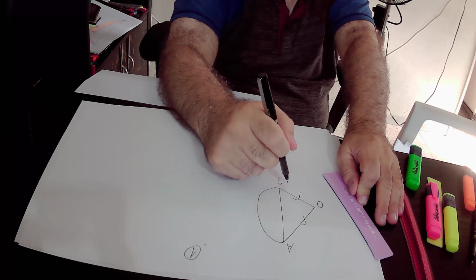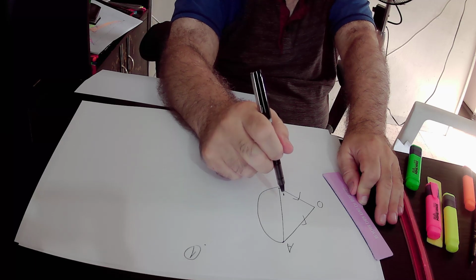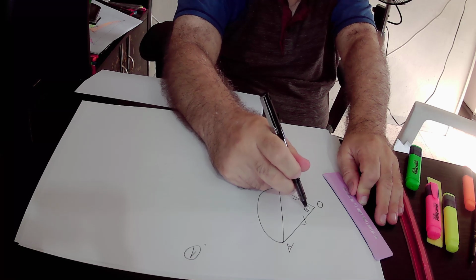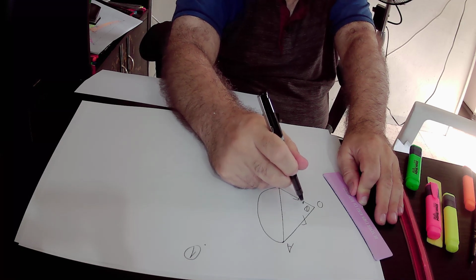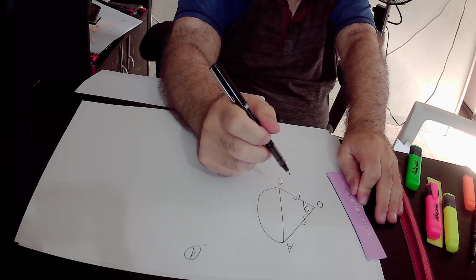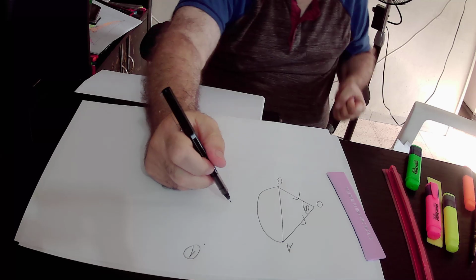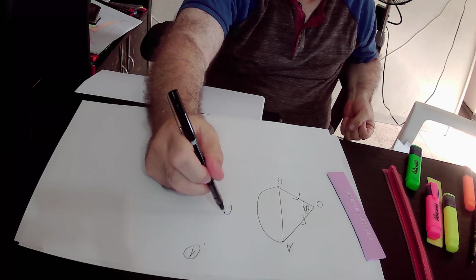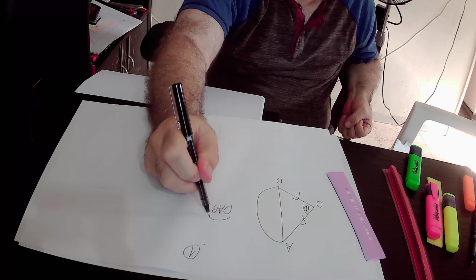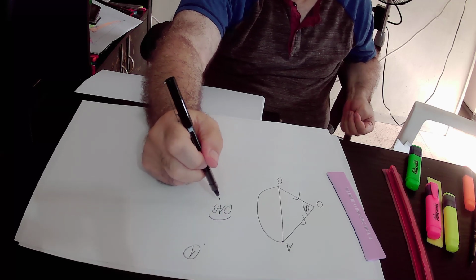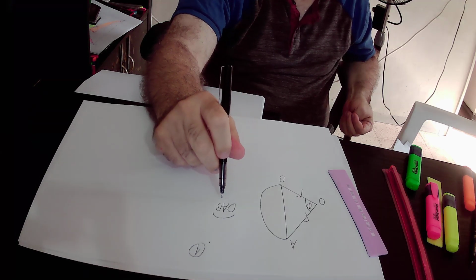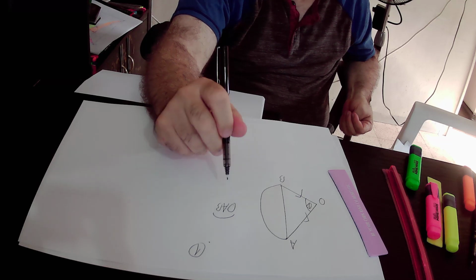OA and OB are also the legs of sector OAB. This angle theta is the angle that is between the legs of sector OAB. Here, the rounded side above OAB is the sign for sector AOB.